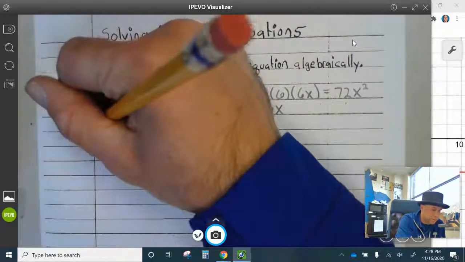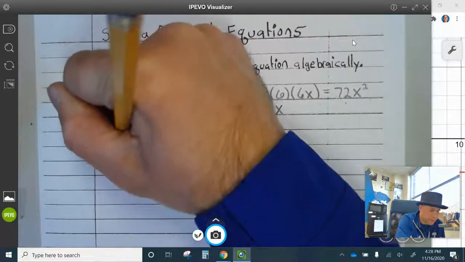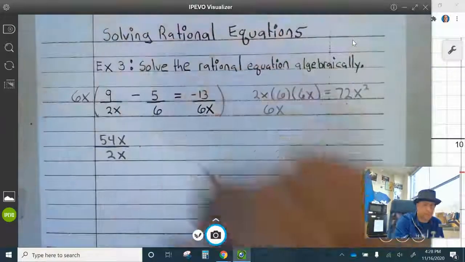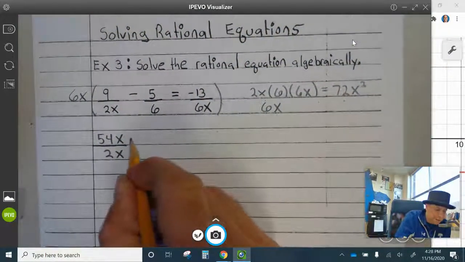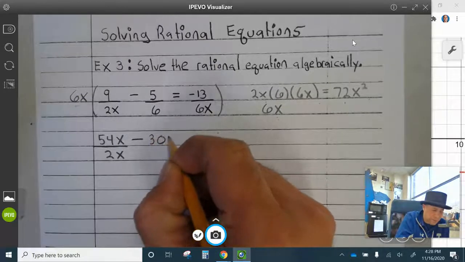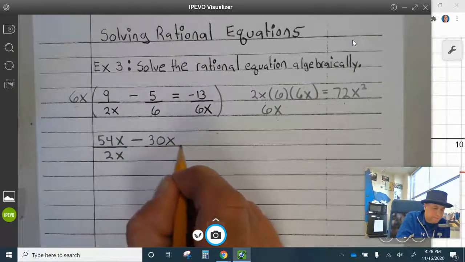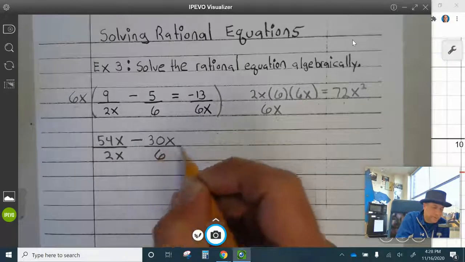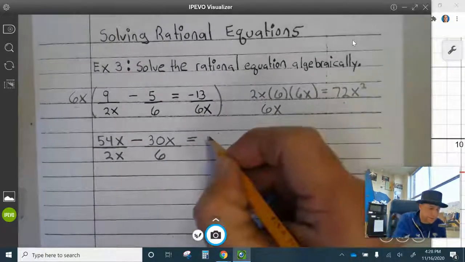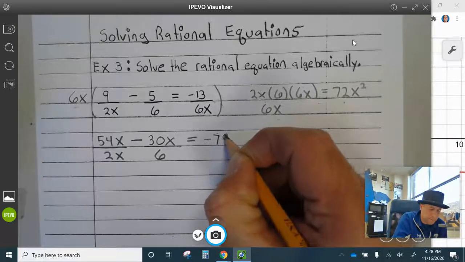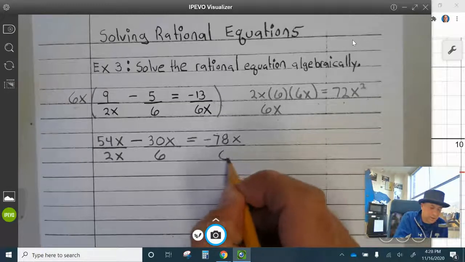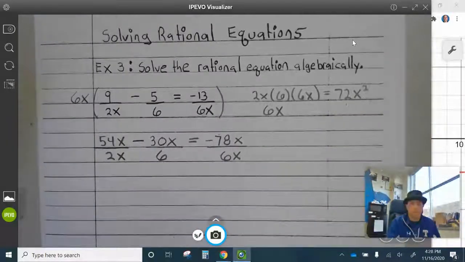So then that's 54x divided by 2x, minus 6 times 5 is 30x divided by 6 equals 6 times 13 is minus 78x divided by 6x.